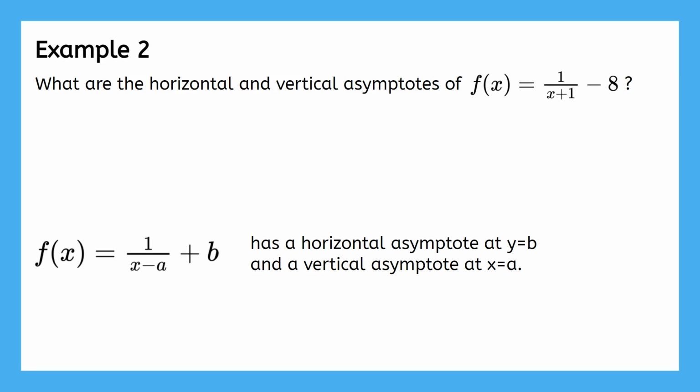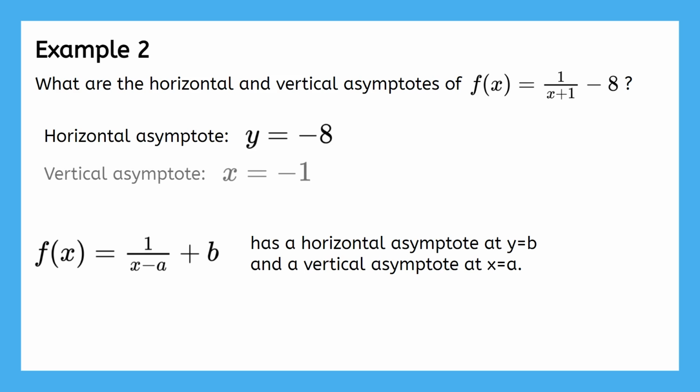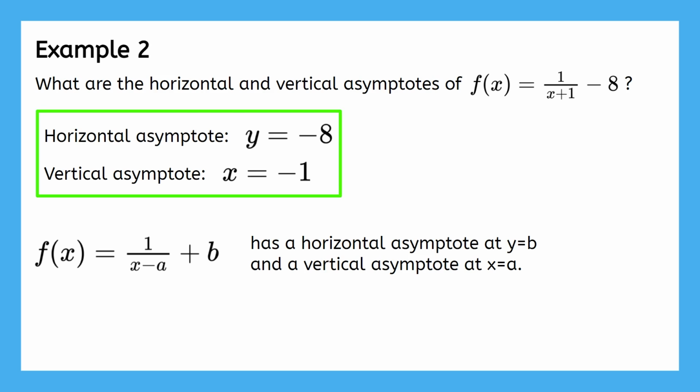In this case, since the 8 is being subtracted, the equation of the horizontal asymptote is y equals -8. As for the vertical asymptote, it's whatever is being subtracted from x in the denominator. Since we have x plus 1, you can think of it like the number being subtracted is -1. So the vertical asymptote is at x equals -1. And now we have both parts of the answer.